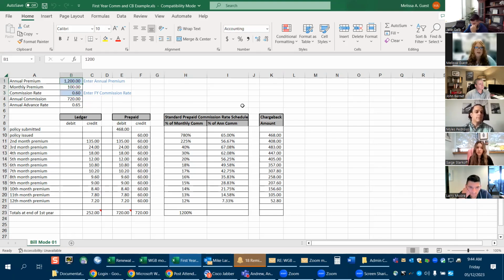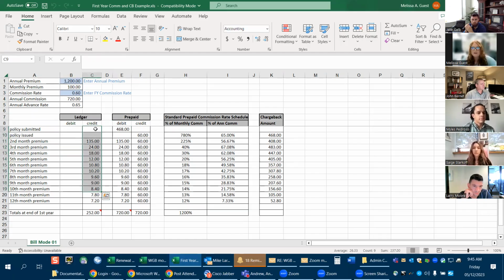In this case, the monthly premium is $100 a month or $1,200 a year. You have a 60% agent, and this is going to calculate the total advance up front. The calculated advance is $468 each month of the first year. This also has your ledger balance and your prepaid balance, your charges and your credits.